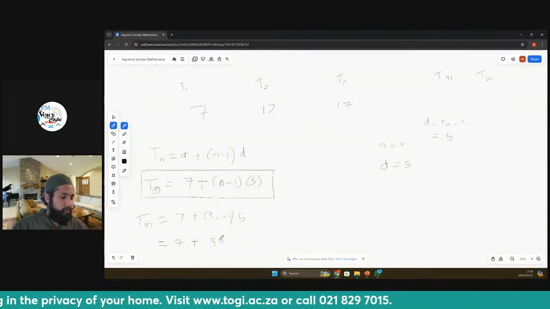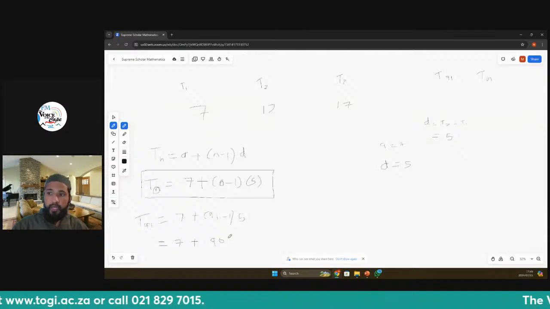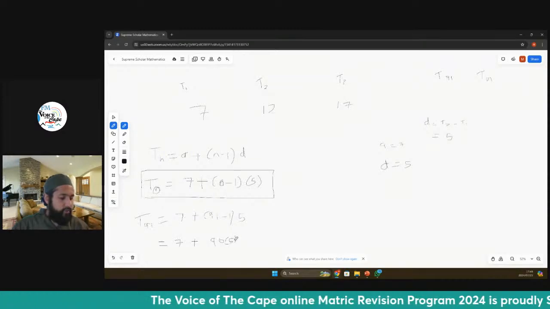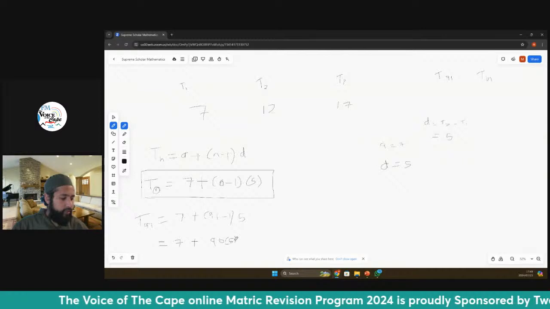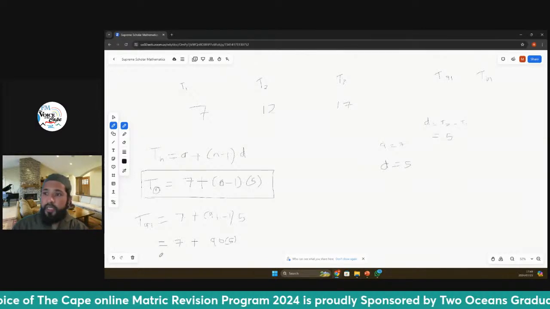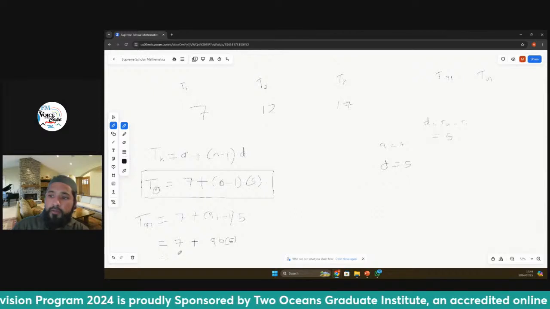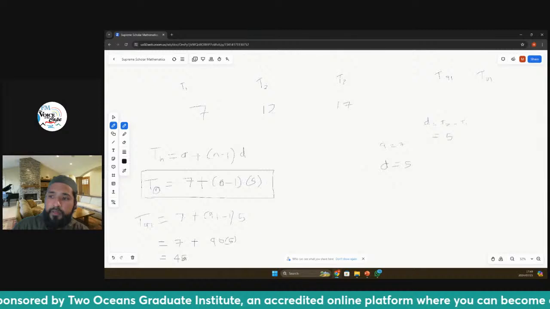You could do this value as well. So we have 90 multiplied by 5, which is 450, and that would mean that the answer here is 457, because 90 multiplied by 5 is 450 plus 7.